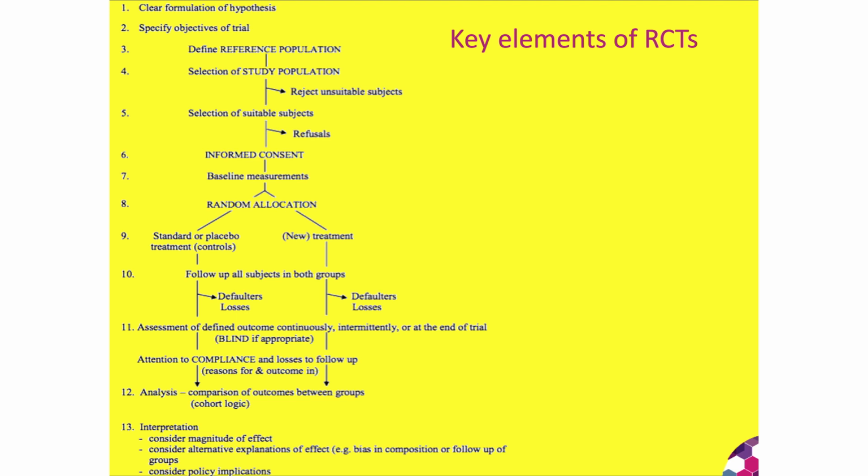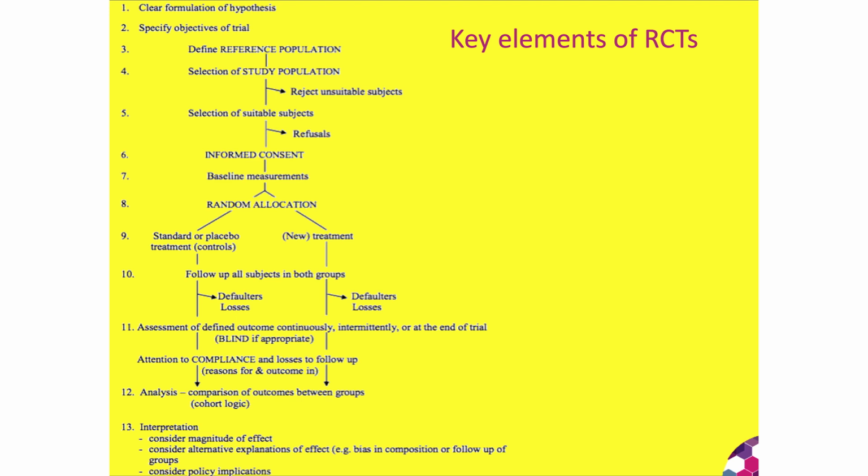Participants in the control group and in the intervention group are followed up over time. Again, there will be people who leave the study and drop out, and we will continue to monitor how many people drop out, and then we will take regular assessments of the key health outcome we are interested in, during and after the intervention.